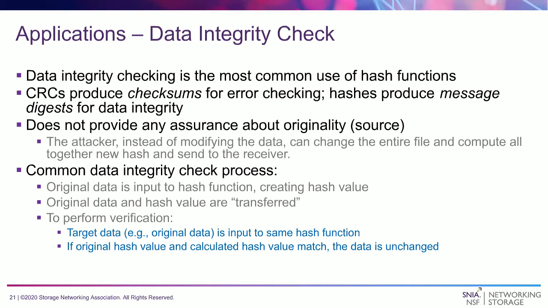Hashes produce a message digest, and they really are focused on data integrity for the entire object or file, where CRC may be focused more on a block-by-block nature. But CRCs have the nice characteristic of being fairly fast and allow, for example, storage systems and networking technology to adapt quickly to a detected error.